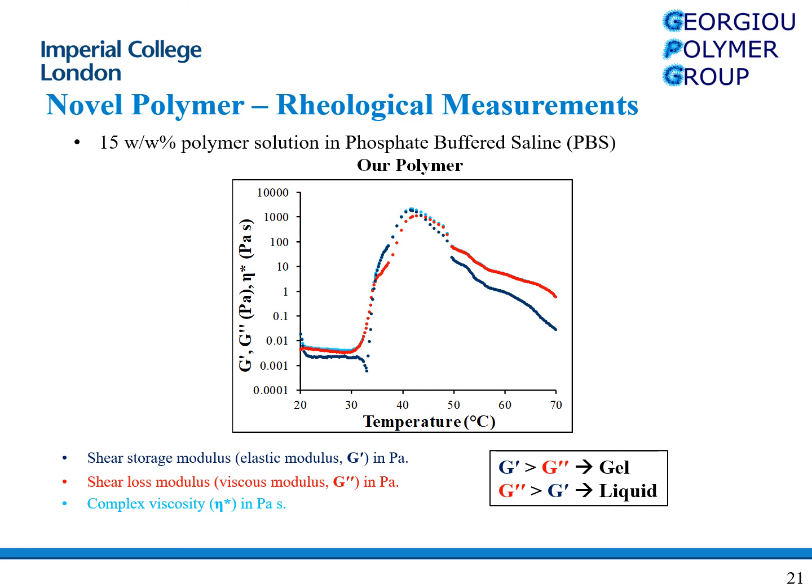So as you can see here, at room temperature, the loss modulus is higher than the storage modulus, so it's a liquid, while when the temperature is increased, they both increase in magnitude, and eventually the storage modulus, the blue, is higher than the loss modulus, and it is where we have the gel formation, and this is followed by gel syneresis and precipitation, which is indicated here because the two moduli cross again.